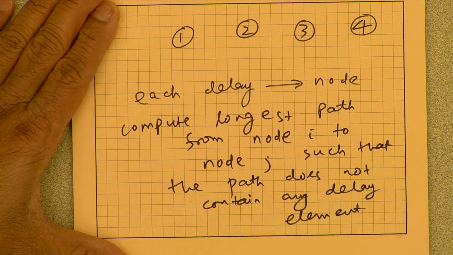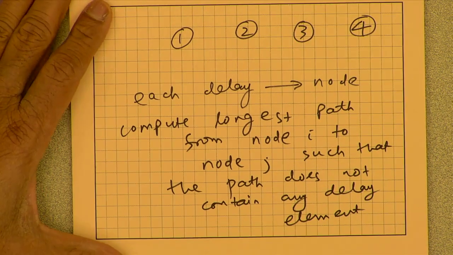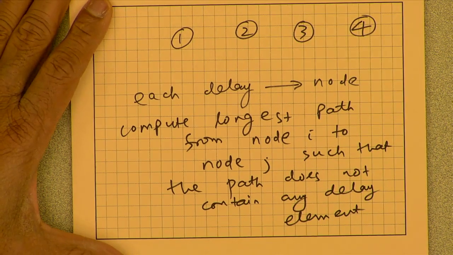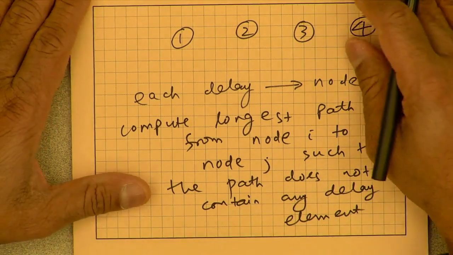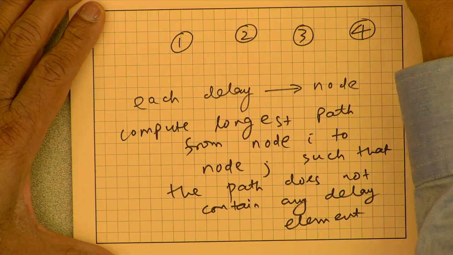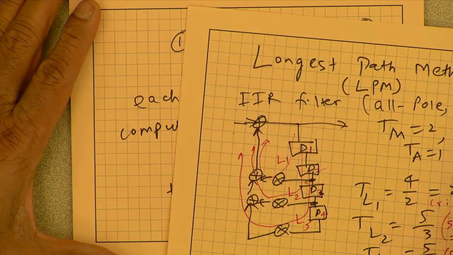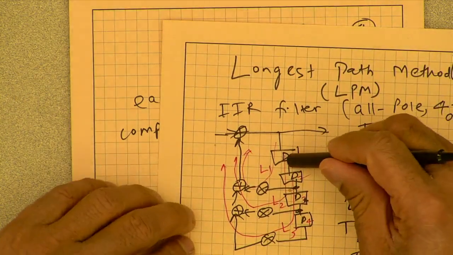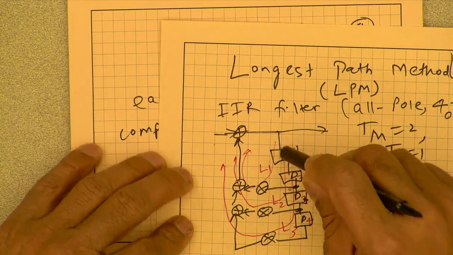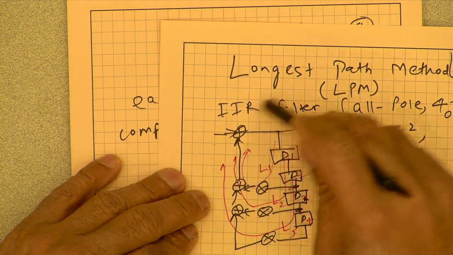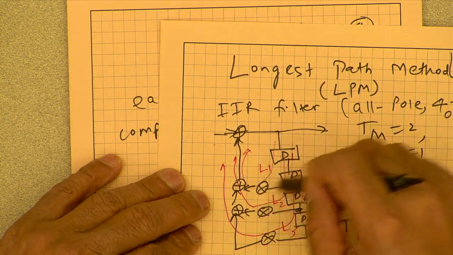That's the first step. The best way to think about this is to compute the longest path so that it does not contain any delay element. So the first thing we can ask is, what is the longest path from D1 to itself? How can I start with D1 and come back to itself so that I don't go through any other delay? Well, that's not possible.